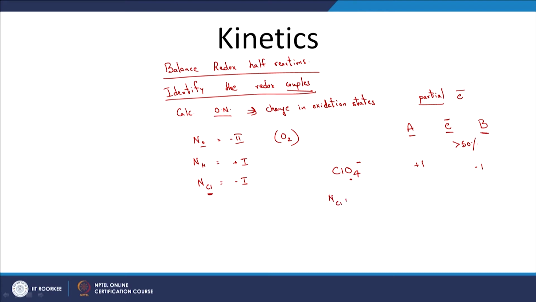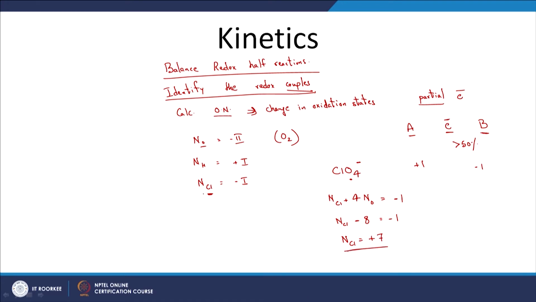Oxidation state of Cl plus 4 times the oxidation state of oxygen will be equal to -1. 4 times -2 is -8, so Cl - 8 = -1. So the oxidation state of chlorine here is +7, right. That is what you see here.